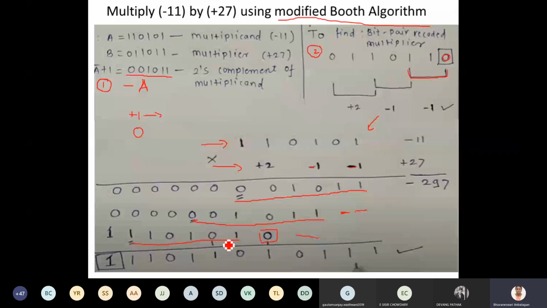You write this down as it is, and then you extend the bit, which is 1. Then you add all these values and you will get this particular output over here. In order to verify this output, you take the 2's complement of this and you will find the value as minus 297. So this is how you have to perform the multiplication using the modified Booth algorithm.